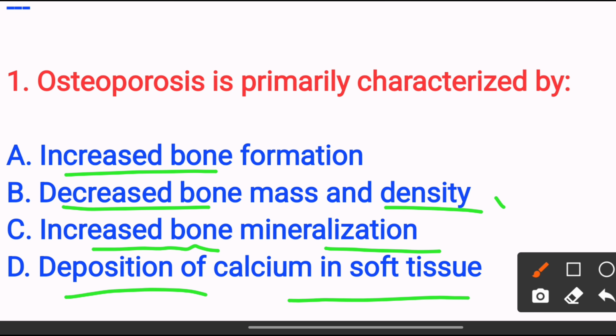The answer is option B. Decreased bone mass and density, because osteoporosis causes a reduction in total bone mass and deterioration of bone structure, leading to fragile bone and higher fracture risks. So the answer is option B.